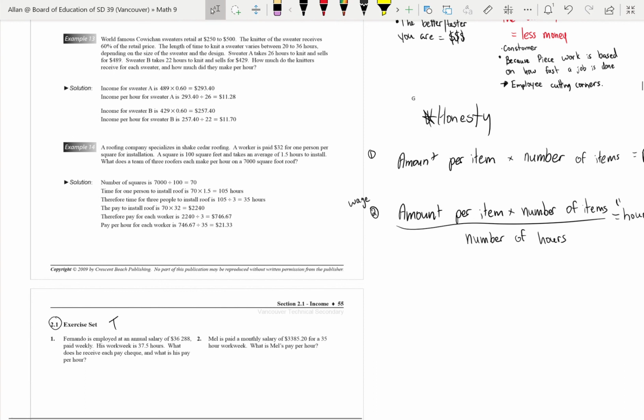So just try a few. Again, this is for practice. The main thing that I want you to do is realize what type of questions they're asking. So look for the words like salary, commission, piecework. That'll be the best indicator of what this is asking of you.